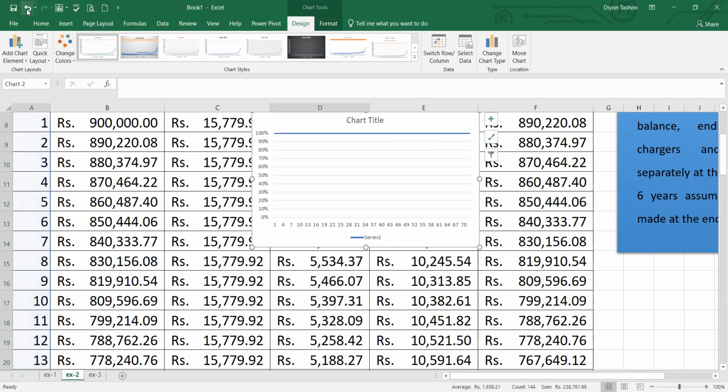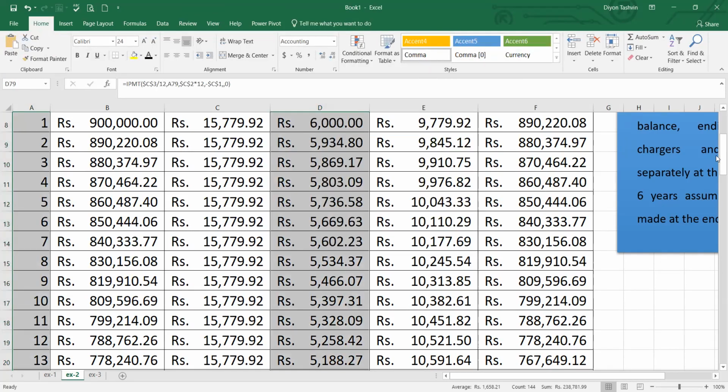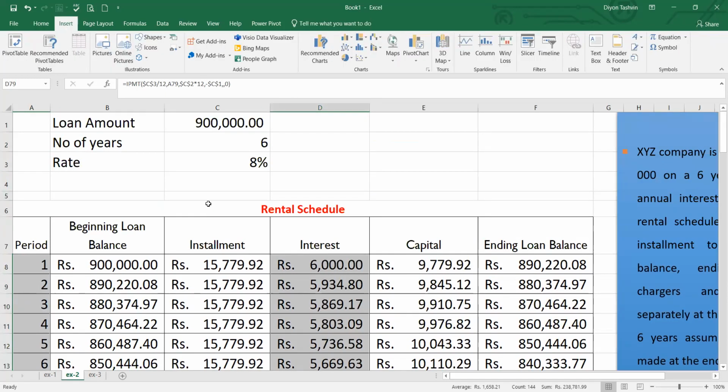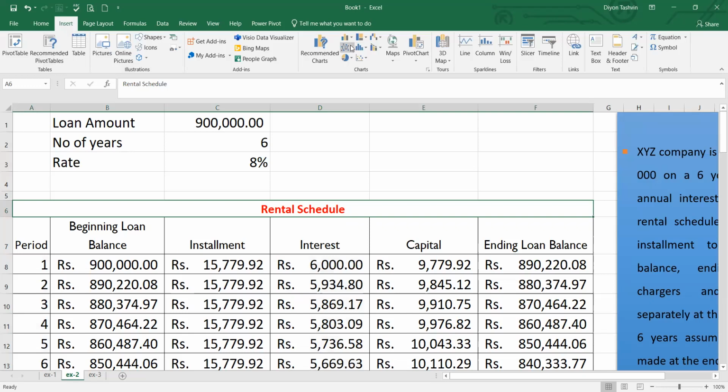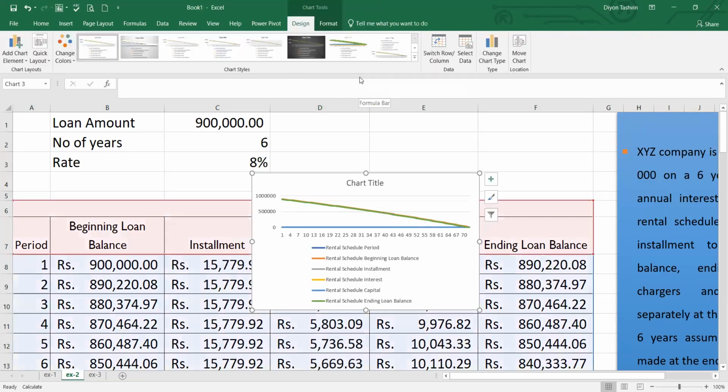Sorry. It comes in automatically. Wait. So it has selected the whole area.